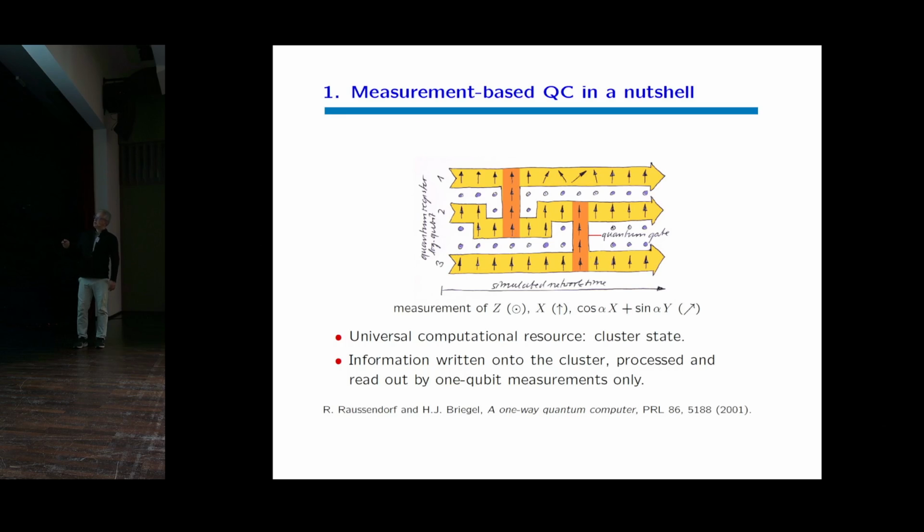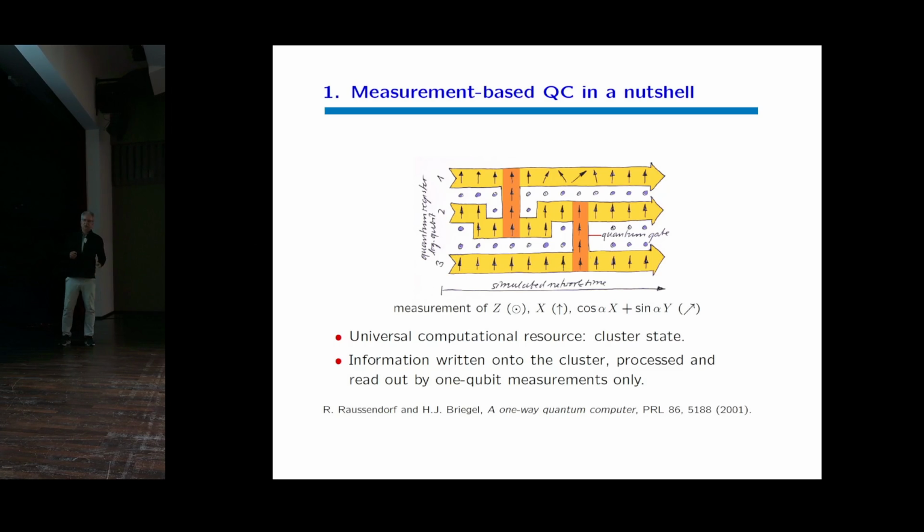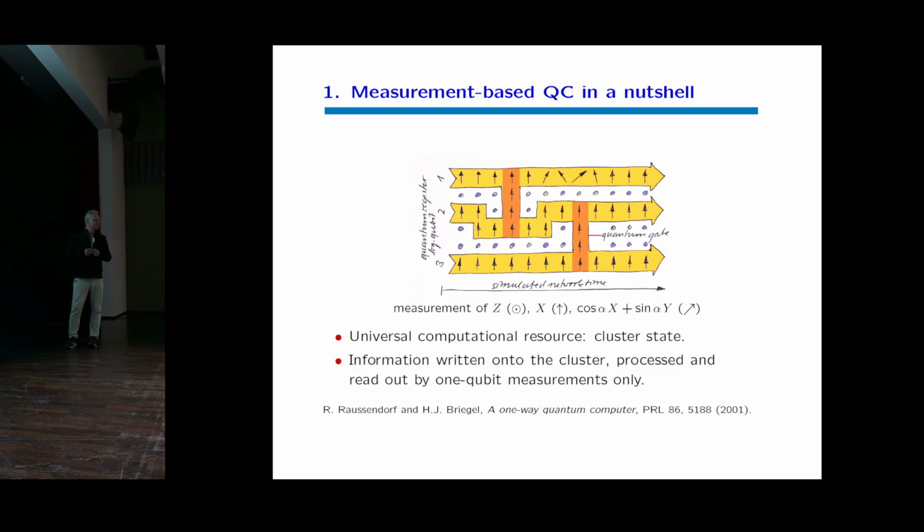Okay, and so the z measurements, their effect is basically to remove these qubits. So that's also something that Sophia showed you already. When you do a z measurement, this is practically as good as if this qubit had never been there. So what you're left with is this grid, or this network. And this already begins to look like a quantum circuit.